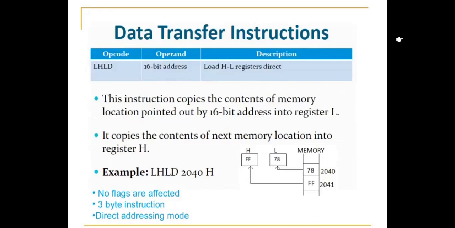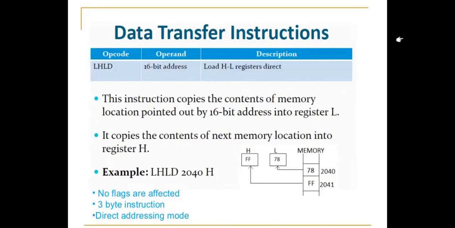Well, in the HL register, when you're moving the content given from the memory address, the higher data will be loaded into the H register, and the lower data will be loaded into the L register.